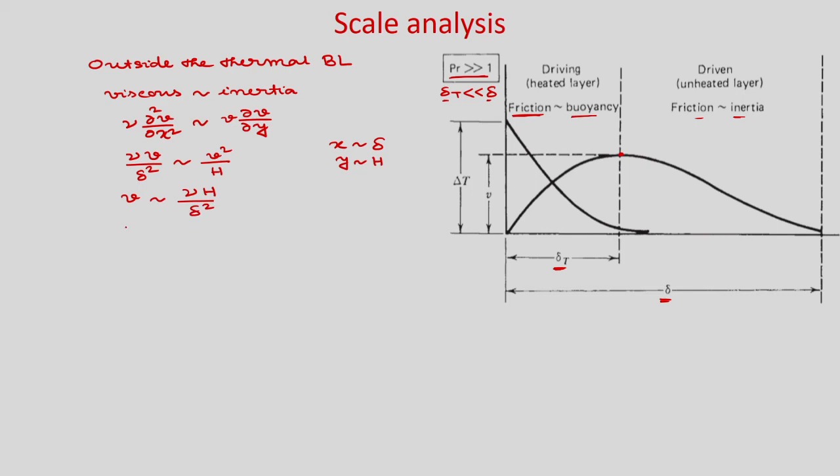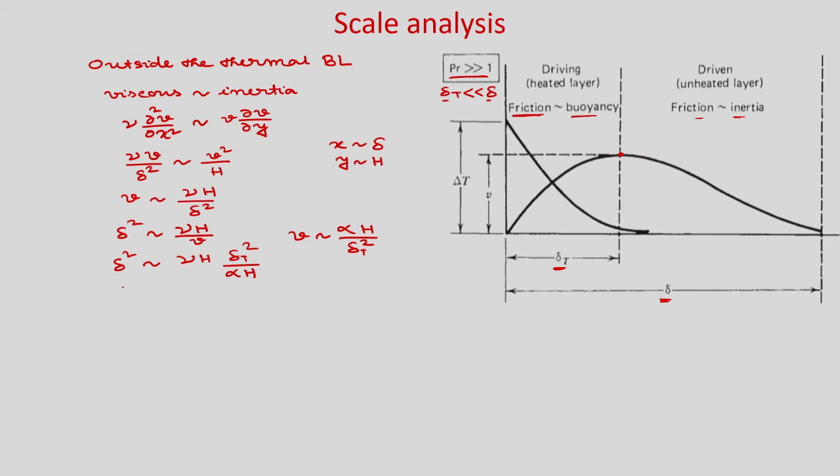Okay. And delta square you can write as nu h by v, and v we have already found: it will be alpha h by delta t square, right. So, if you put the value of v, it will be nu h delta t square by alpha h.